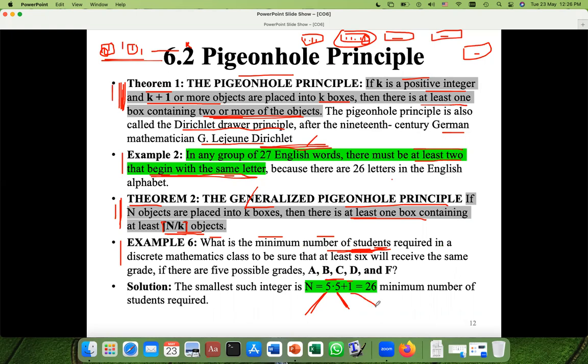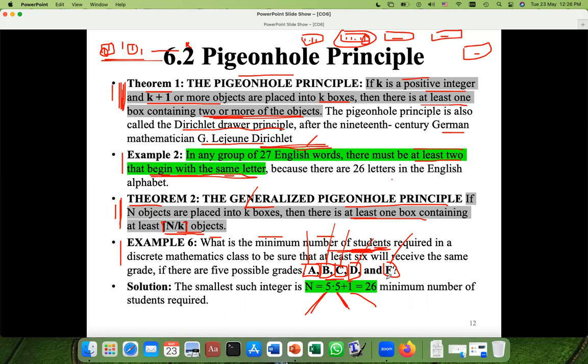That student can be in the box of A's or B's or C's, any box. These boxes mean 5 students are getting A, 5 students are getting B, 5 students are getting C, 5 students are getting D, and similarly 5 getting F.